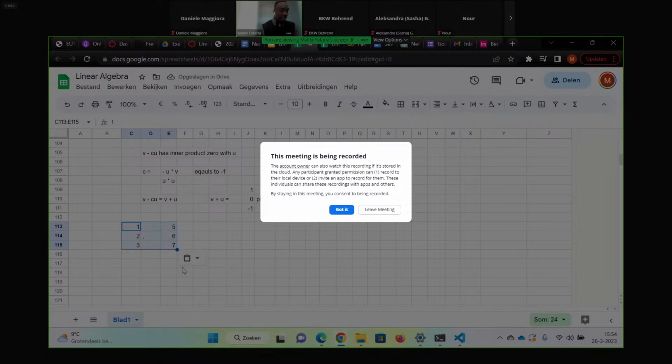So if we take the pivot columns, which is less convenient, let's take the U and V. We call them U and V because they're the pivot columns.